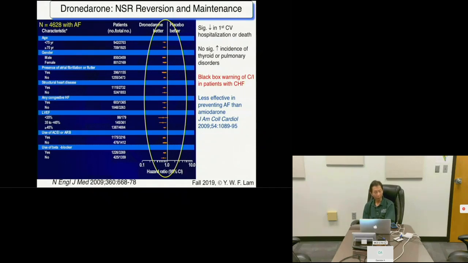Unfortunately, even though it doesn't have as much toxicity compared to amiodarone, it actually has a significant negative impact on myocardial contractility, to the point that the FDA has a black box warning of contraindication in patients with congestive heart failure. In head-to-head comparison, it's also not as effective as amiodarone.